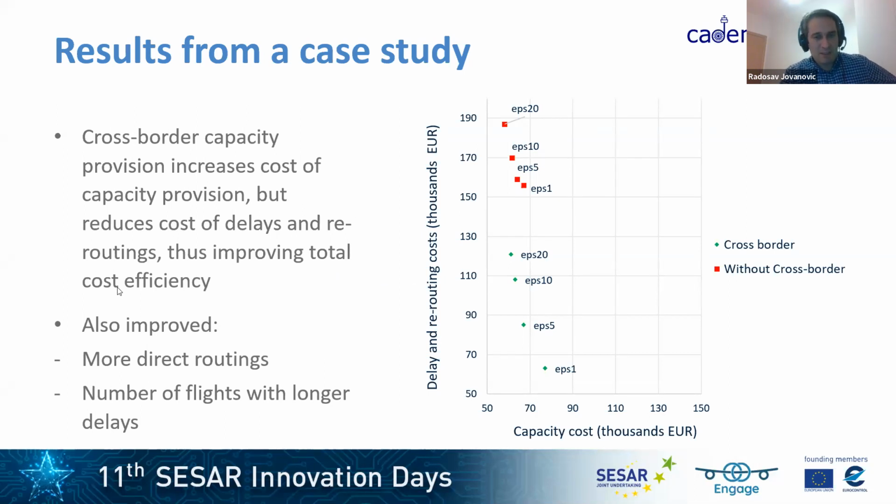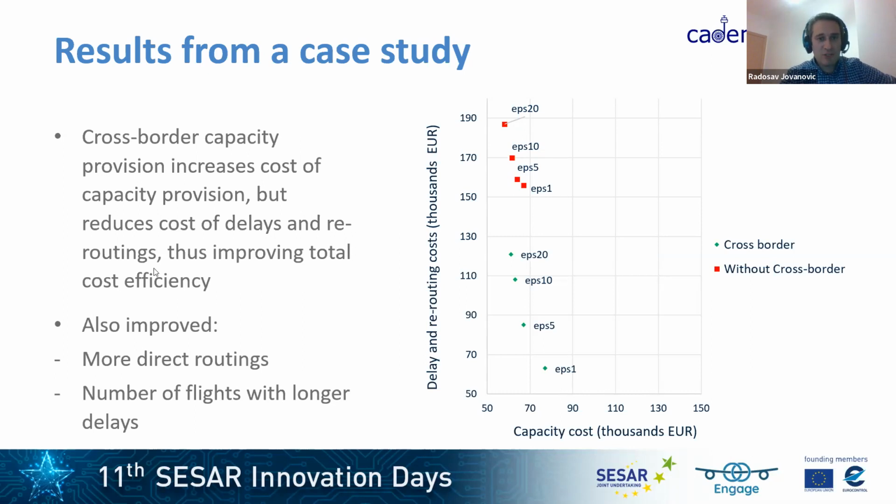So it's certainly more expensive to provide capacity cross-border under our assumptions, but this increase is much more than offset by the reduction in delay and rerouting cost, which we sometimes call the displacement cost. This is what the vertical line is suggesting. If you look at the EPS 1 policy, for instance, it increases the cost by some 15 or 20,000 euros, but it reduces the cost of reroutings and flight delays by more than 80 or 90,000. So overall, the net effect is very positive.